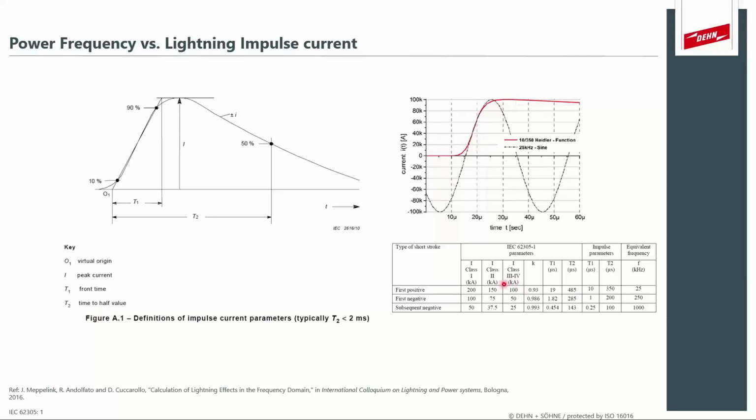So we would use this specific wave shape, and we will see how this propagates and moves throughout the system. So again, we have our rise time up to 90%. In this case, it would be in 19 microseconds for simulation reasons, and it would decay to half of its value in 485 microseconds in this specific case.